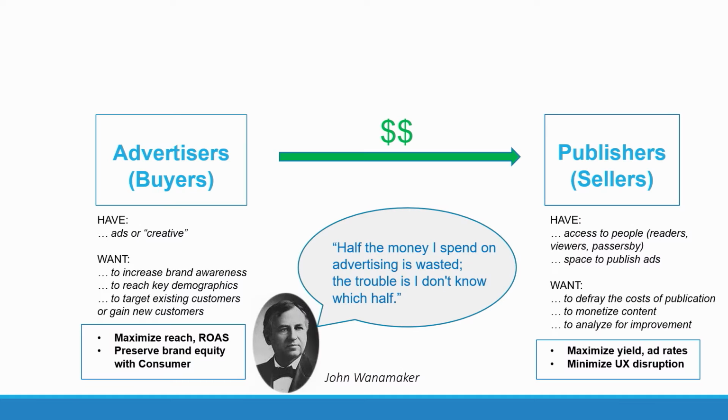But I want us to think about what motivates an advertiser. Listen, they have ads, they have a banner ad, a video ad, and they want to connect with their audience and have their audience see that ad. It's to increase brand awareness and make sure they're reaching the right demographics, either existing users or to acquire new customers. But ultimately, their economic motivation is to maximize reach and to maximize what the industry calls ROAS, return on advertising spend.